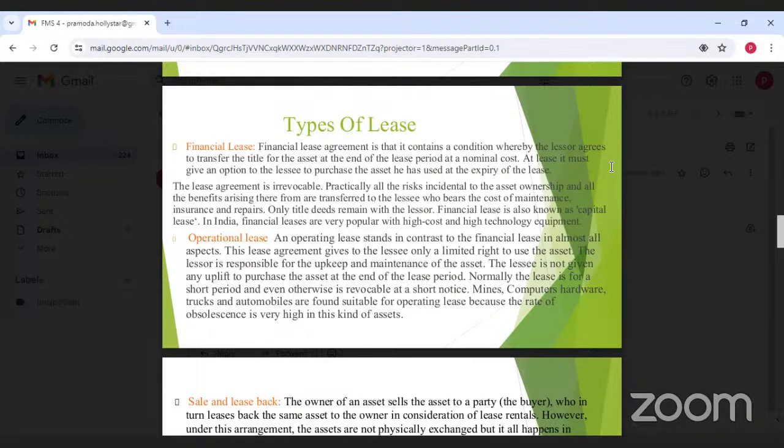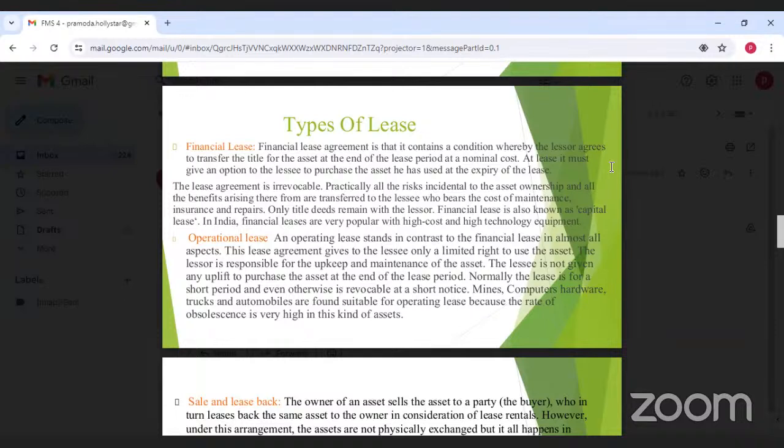Suppose in the example, Bharati and Nagamani made a lease agreement for 2 years. At the time of making the lease agreement, Nagamani had a discussion with Bharati that the period is 2 years, and after 2 years I am going to transfer that property in your name for a certain nominal cost of the asset.